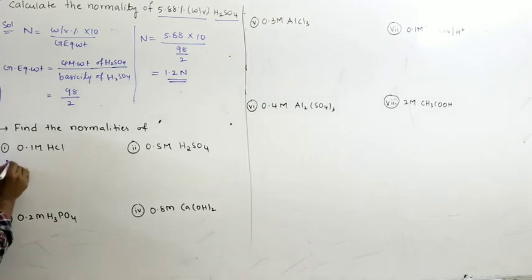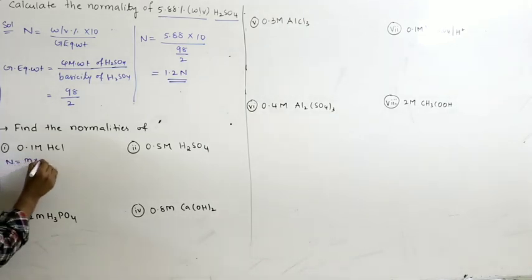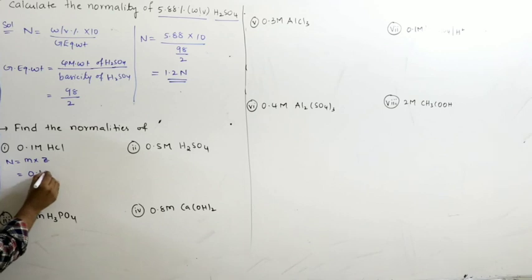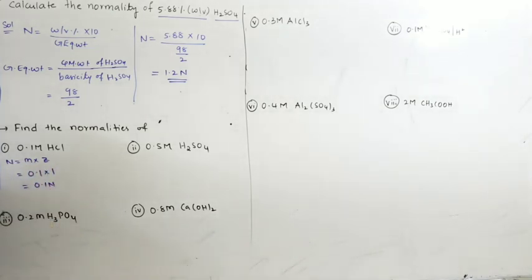So, normality equals molarity into valency. What is the valency of HCl? Basicity of acid. What is the basicity of HCl? 1. So, this is 0.1 into 1, that is 0.1 normal. So, normality of this acid is 0.1 normal because basicity of acid is 1.